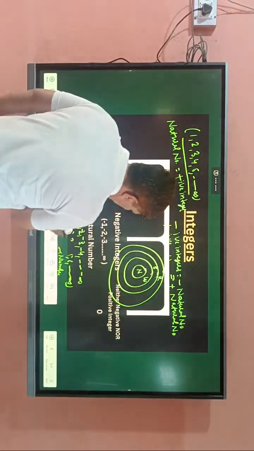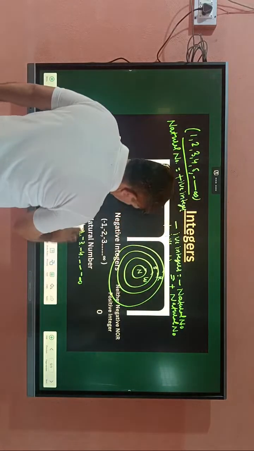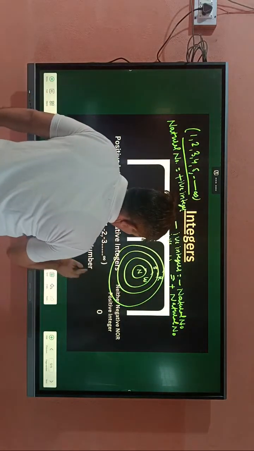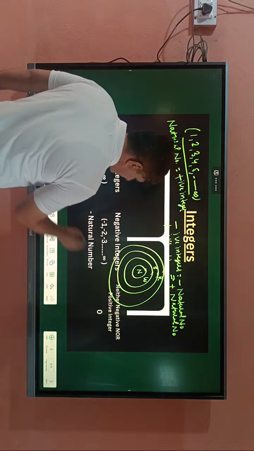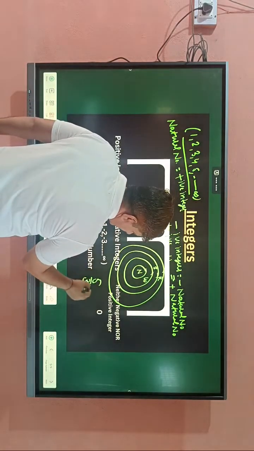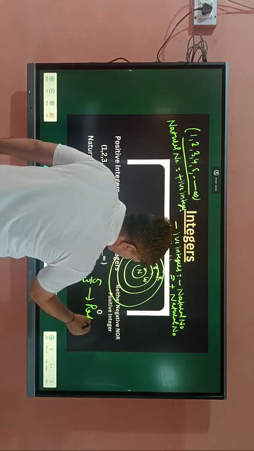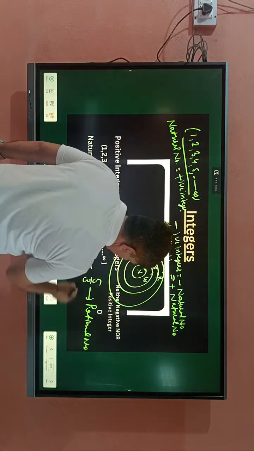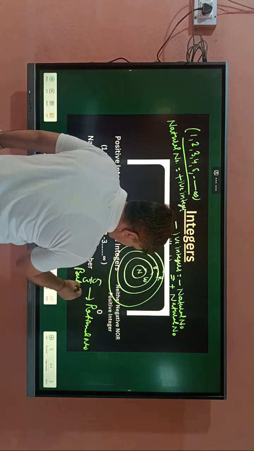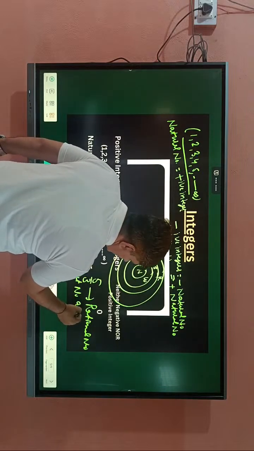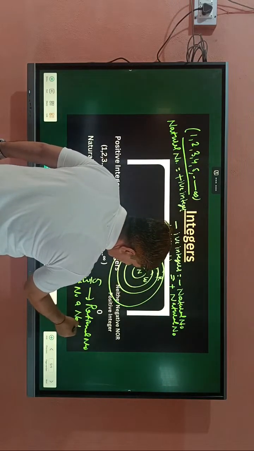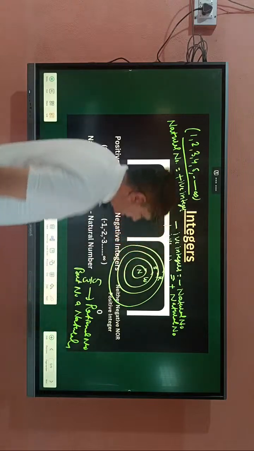Converse meaning all rational numbers are natural numbers. No. 5/3. This is a rational number. But this is not a natural number. Why is it not a natural number?